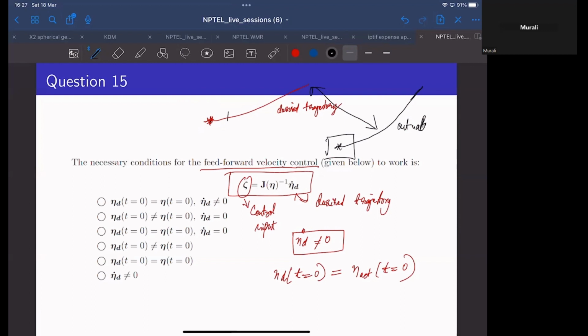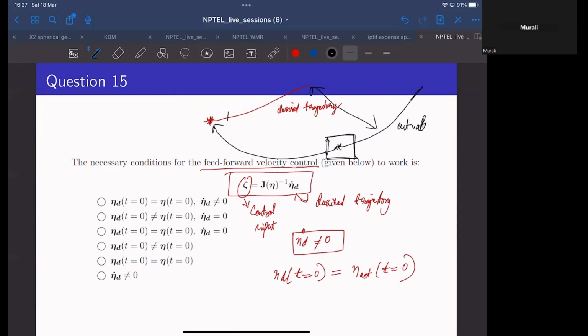So we have to ensure that in order for the robot to follow the desired trajectory, the initial condition of the desired trajectory and the actual initial condition of the robot should always be equal, or should be matched at the beginning.